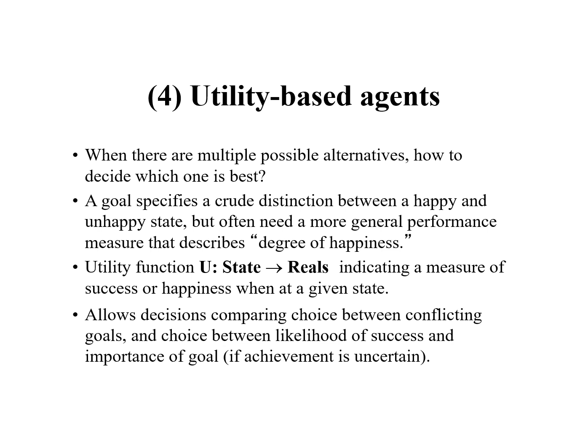Here there will be conflict in the decision-making process, deciding the choice between likelihood of success and importance of goals. The achievement is uncertain in this case. Here utility is given more preference. The indication of a measure of success or happiness at a given state depends upon the utility.